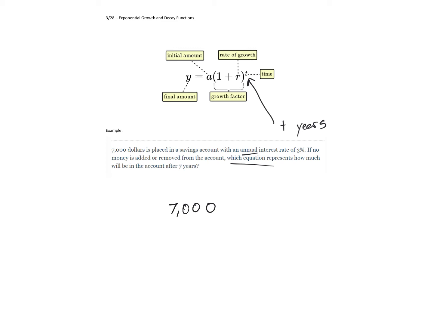So we'll multiply it by 1.03, okay? If you multiply 7,000 by 1.03, what do we get? You get 7,210.